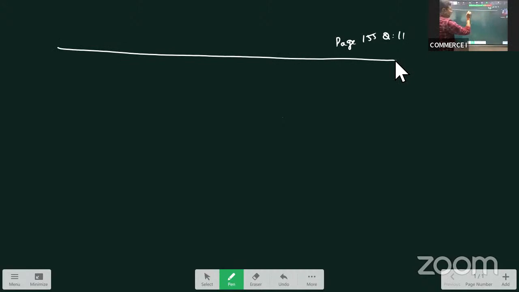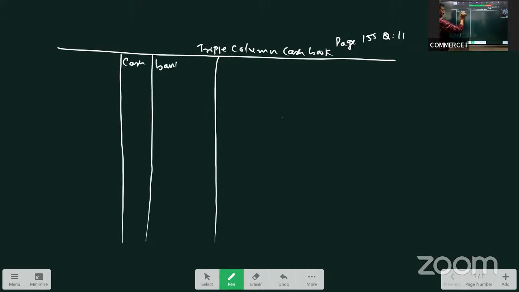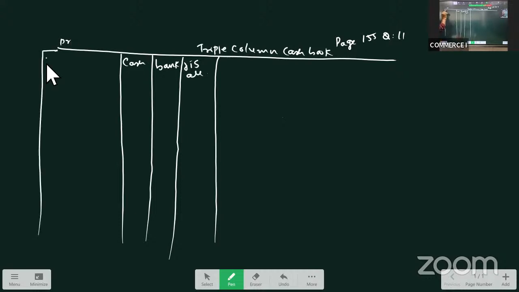We are preparing a 3-column cash book, triple column cash book. Question number 11. Columns you remember: date, particulars, cash column, bank column, discount column.